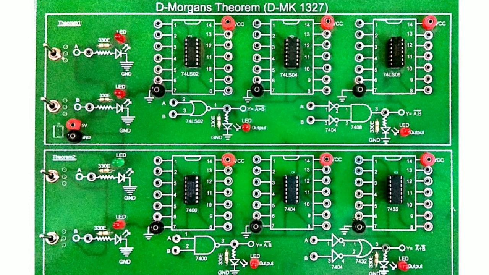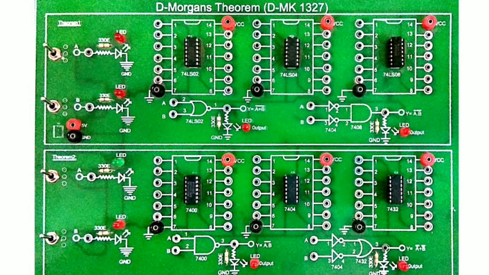Similarly, for the right hand side, pins 1 and 3 are the inputs, and pin 2 is connected to pin 1 of the third IC. Similarly, pin 4 of the second IC is connected to pin 2 of the third IC, and pin 3 of the third IC is the output, to be connected to the output below the third IC.